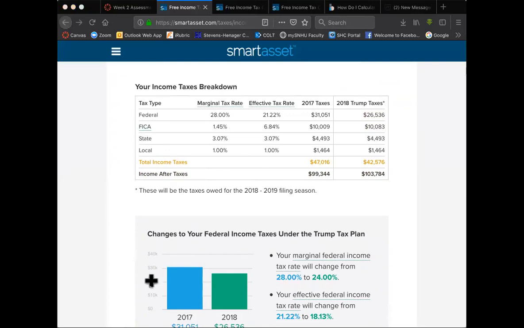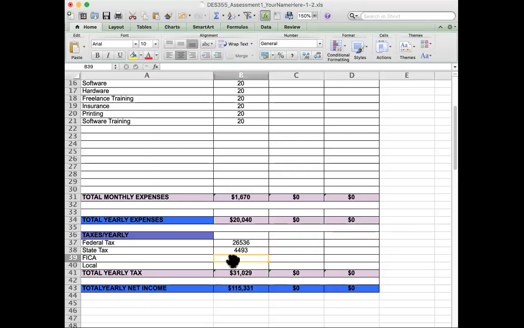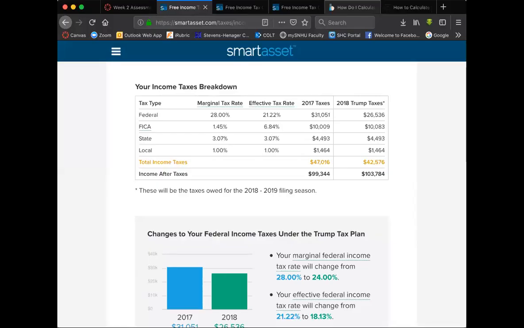Oh, okay. Look at the FICA next, sorry. FICA is next, which is 10,083. And then local. Local would be 1464.